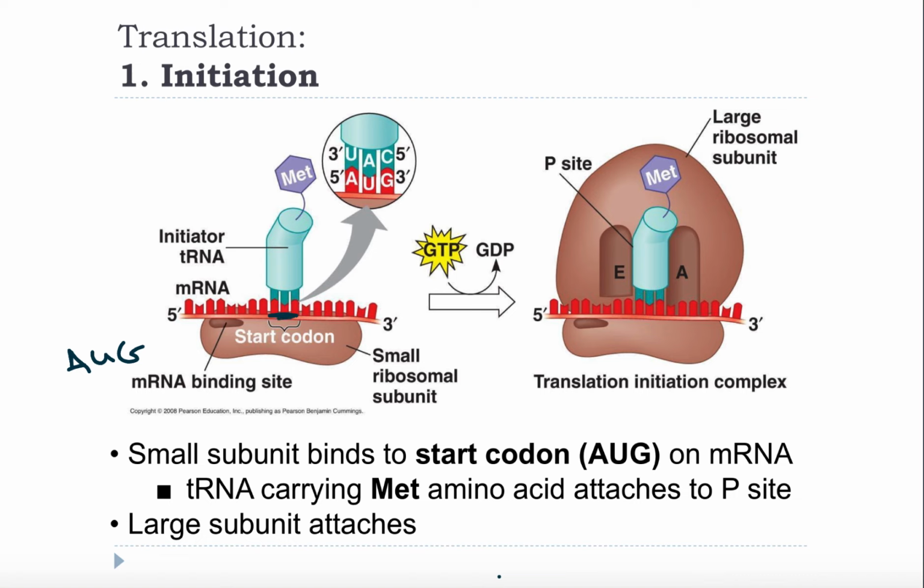Wherever the start codon is, the tRNA that's holding methionine is going to clamp onto that start codon, and it's going to initiate a structure where the lower ribosomal unit is going to clamp on. That initial structure between the methionine tRNA, the mRNA, and the lower part of the ribosome is going to induce the large upper part with the 3 sites, the A, P, E sites, to clamp on.